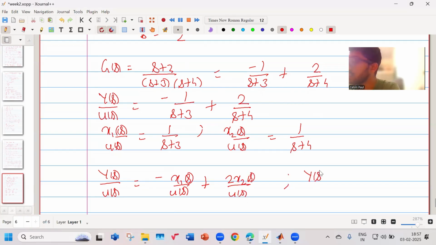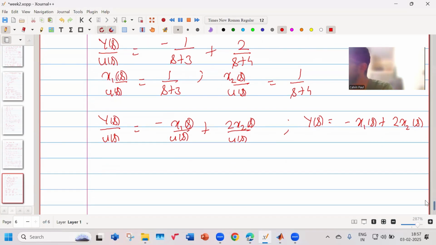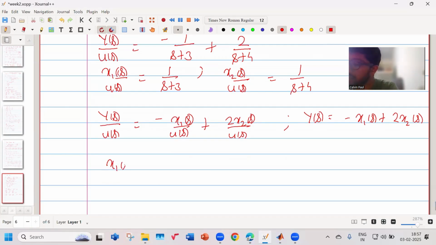So we know y of s in this case is minus x1 of s plus 2 x2 of s. Okay. So this is simple. Now what we do is, we know x1 of s upon u of s is equal to 1 upon s plus 3.